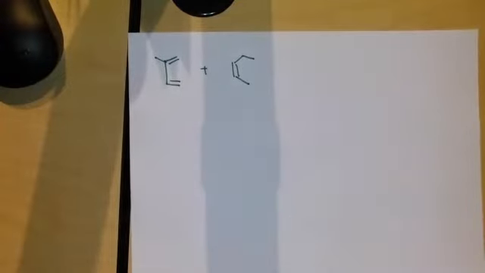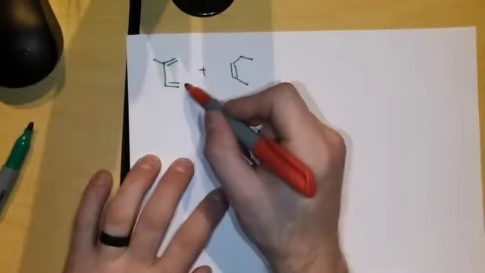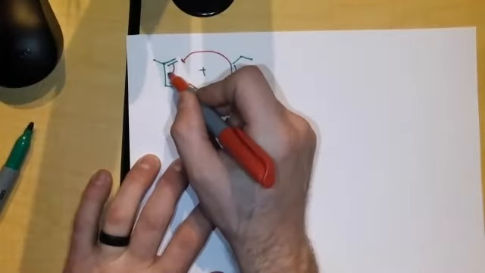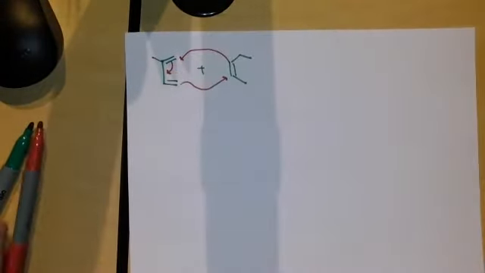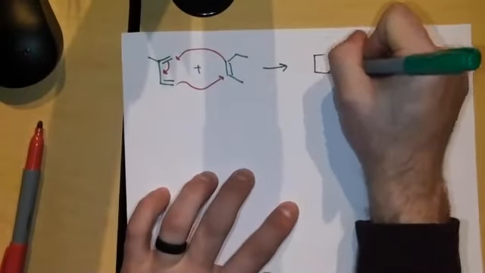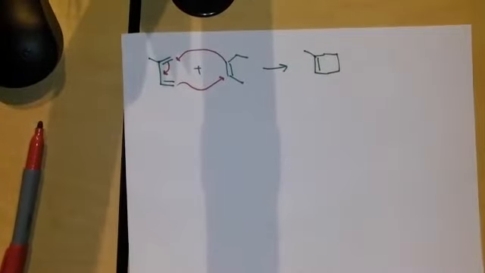We've got a cis double bond here. These are both asymmetric. They can lead to two different products. The first product is the one that we would normally think of. It's going to make a six-membered ring with a double bond, methyl here.